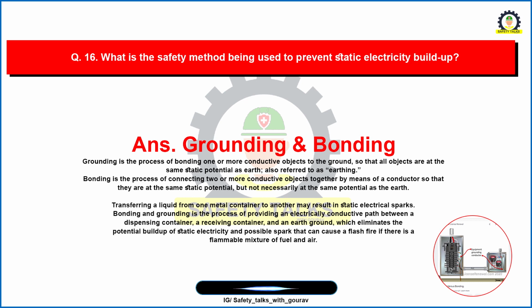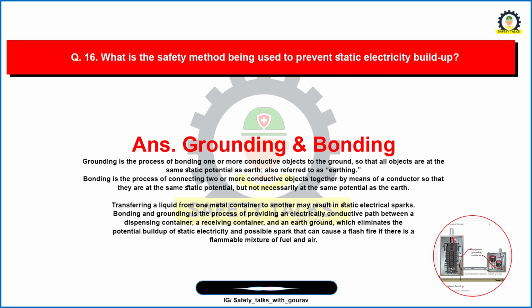Bonding is the process of connecting two or more conductive objects together by means of a conductor so that they are at the same static potential, but not necessarily at the same potential as the earth. Transferring a liquid from one metal container to another may result in a static electrical spark.